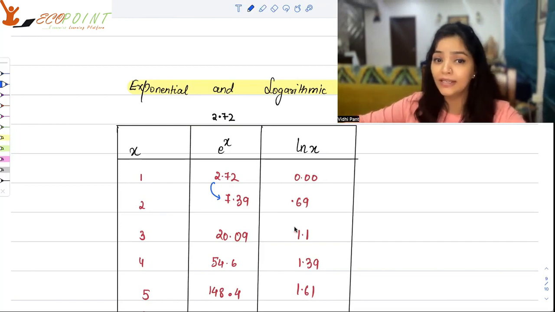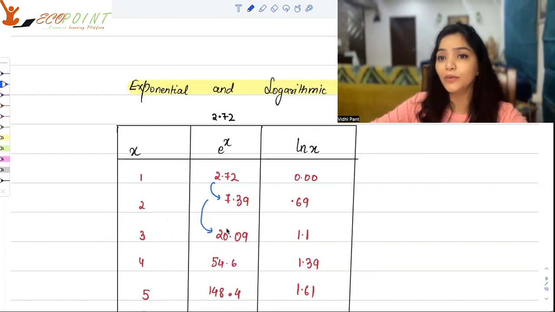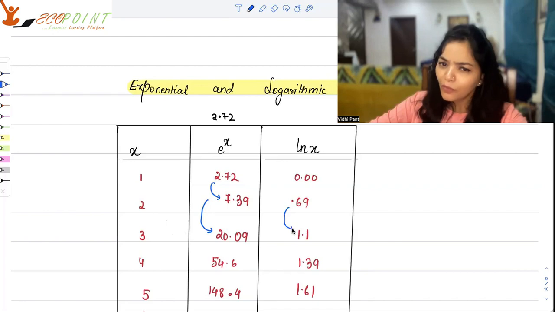There is an increase. When x is 3, e to the power x will give you 20.09. Again, a huge leap. When I put log 3, log of 3 is around 1.1. Very slow growth, but yes, there has been a growth.